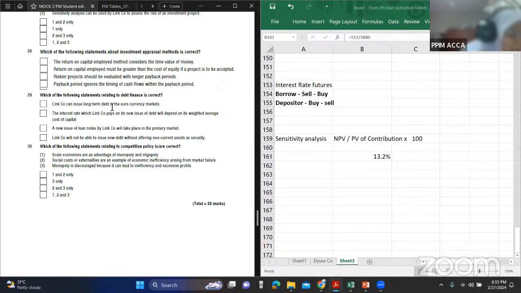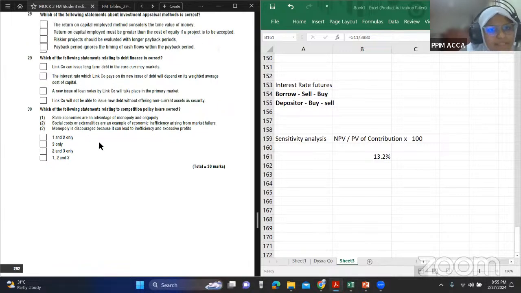Link company will not be able to issue new debt without offering non-current assets as security. That's not true. Not all bank loans, not all debts require security. Especially if it is something like a loan note or a bond, chances are that you won't have security. So that is not correct. So the answer is C.